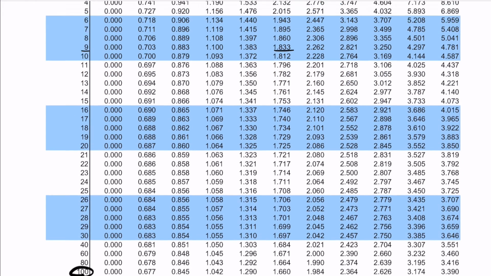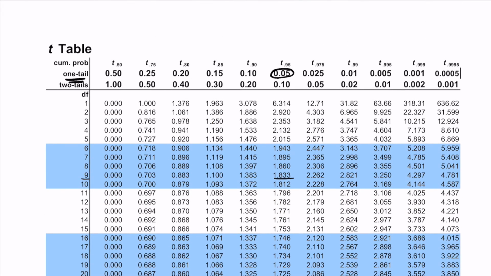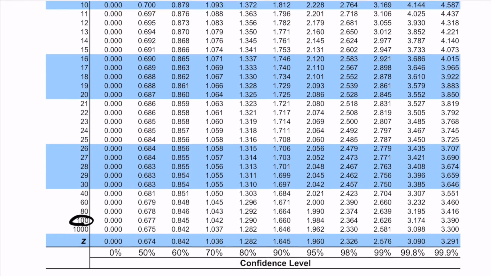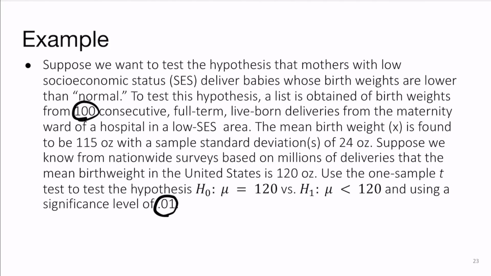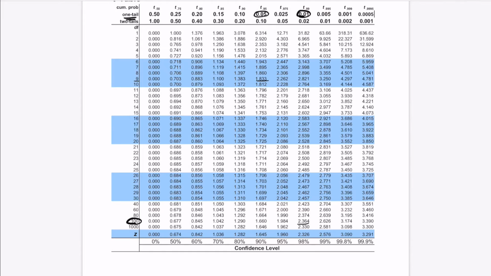We are looking at a one-tailed test at 0.01. So at 0.01 and 100, what is the value that we get? That value is 2.364. So the T alpha value here is minus 2.364.